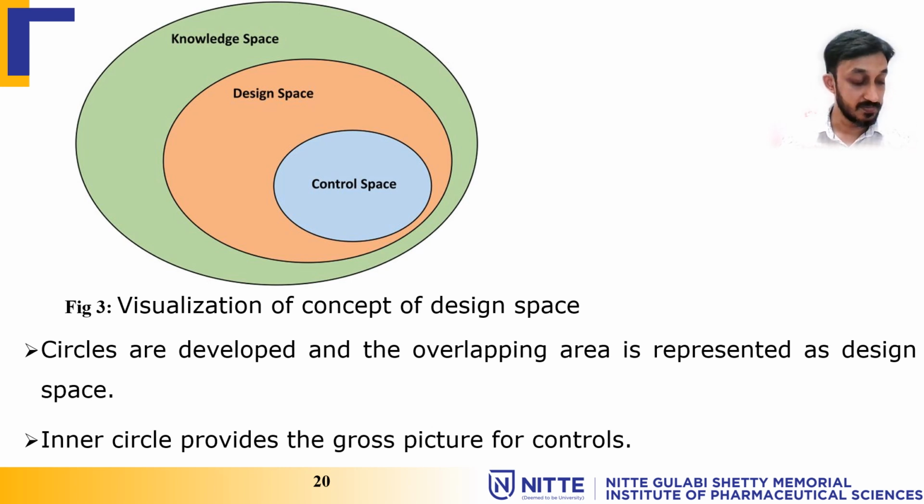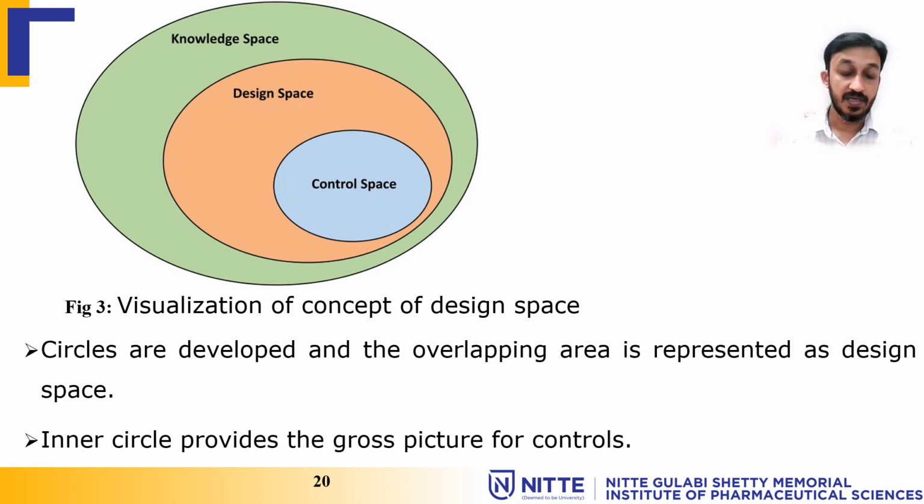Now the control space. Since the design space sets the limit, minimum and maximum limit allowable for the particular binder, the scientists will try to limit the binder concentration, maybe somewhere from 5% to 7% or 4% to 7%, which is much smaller than the design space, and the process will be developed for that particular set limits.